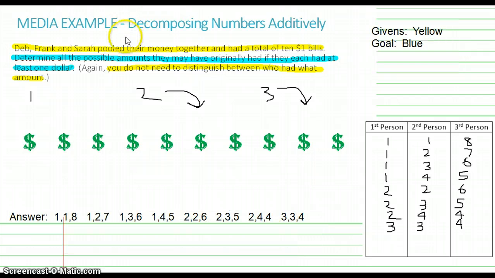So we have found all the possible amounts they may have originally had if they each had at least $1. And there's 1, 2, 3, 4, 5, 6, 7, 8 different ways.